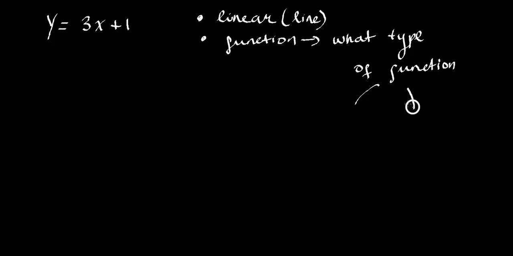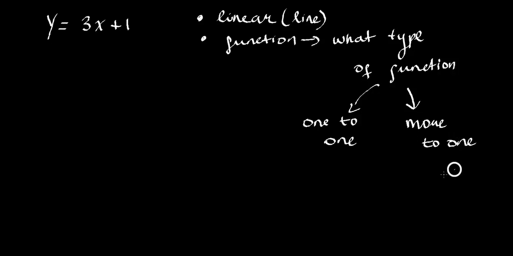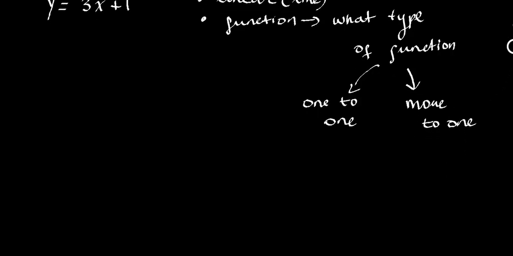There are two types of functions. There's one that's called one-to-one, and I'll explain what that is, and more-to-one. See, the thing is, not all functions have inverses.